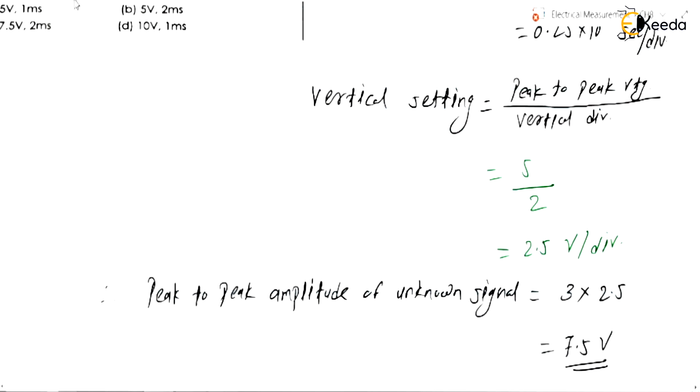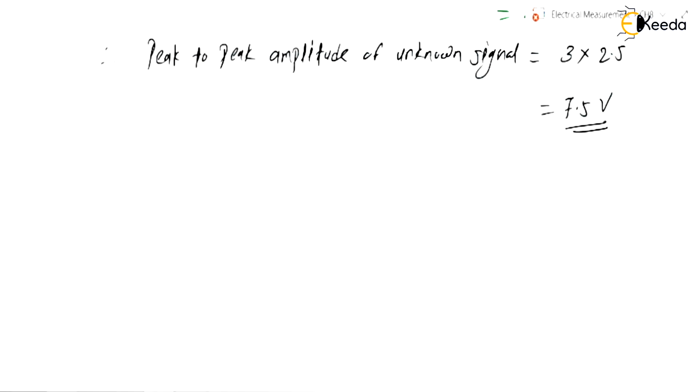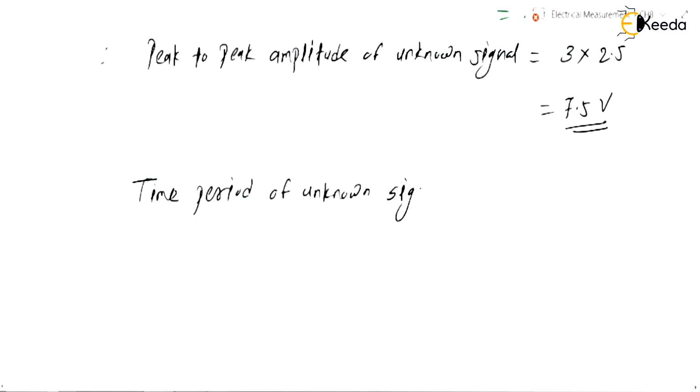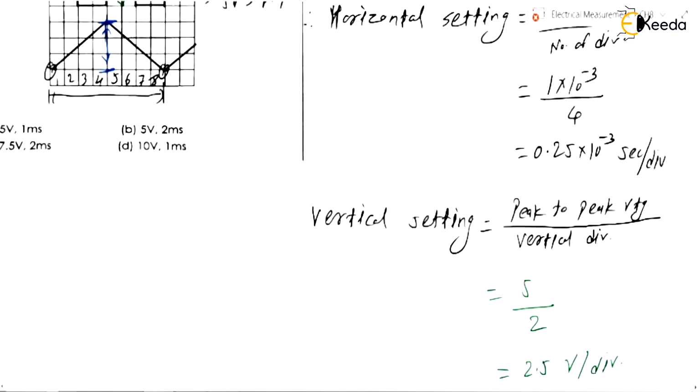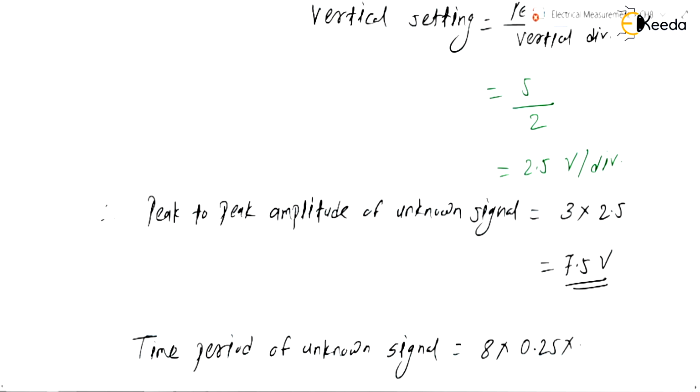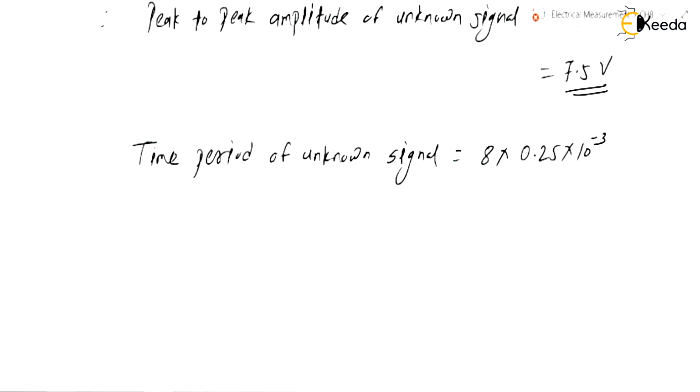Therefore, the time period of the unknown signal, which is the time taken to complete one cycle, is equal to number of divisions 8 into the horizontal setting 0.25 into 10 to the power minus 3. So it is 8 into 0.25, which is 2, so 2 into 10 to the power minus 3 seconds. This is the time period.